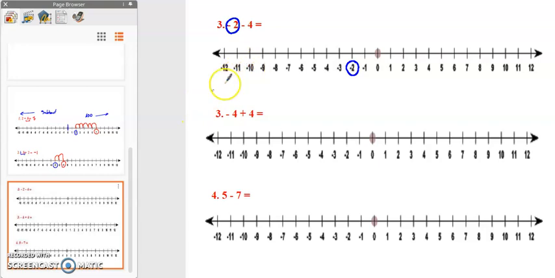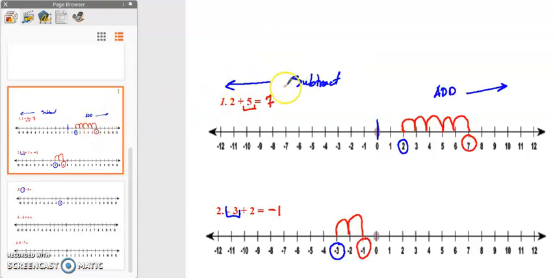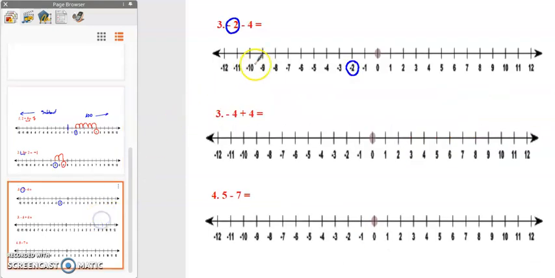Whenever we are subtracting, we count to the left in this direction. So negative 2 minus 4: start at negative 2, count 4 places to the left. 1, 2, 3, 4. That lands us on negative 6. So negative 2 minus 4 is negative 6.